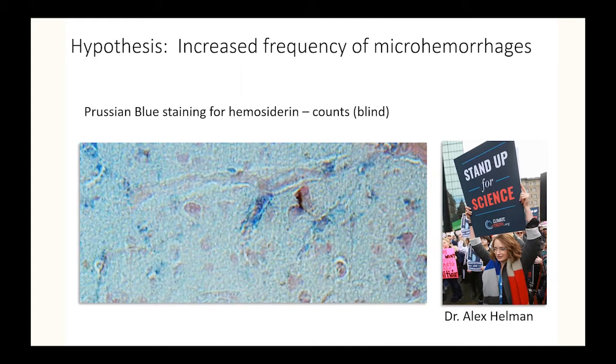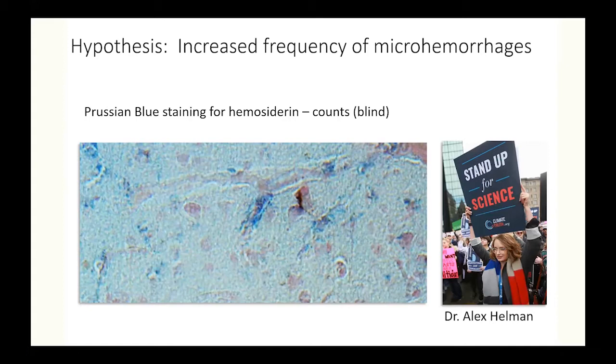Those blue deposits represent iron in the brain, and it should not be in the brain. So the only way you see this is when there's been a microbleed. What's really cool about the stain, though, is that the bleed could have happened decades before we looked at their brains. It doesn't tell us when that bleed happened. Anytime you have a bleed, it just sits there forever and ever. I'm sorry, it's kind of a scary thought, but it's really useful for research purposes.